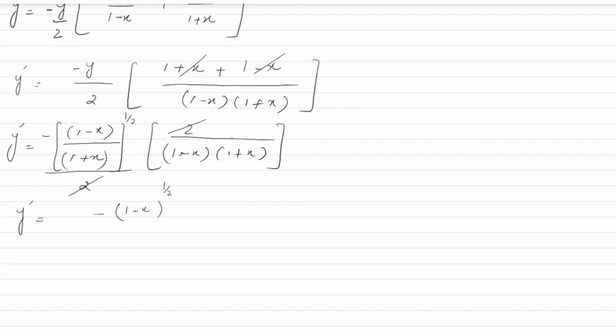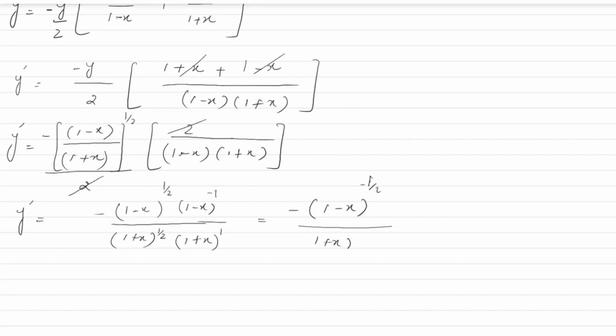So numerator and denominator powers can be separated. For 1 minus x, this positive power when it goes in the numerator will be minus 1, and 1 plus x power 1. This 1 upon 2 minus 1 is minus 1 upon 2, by (1 plus x) raised to the power 1 upon 2 and (1 plus x) power 1.